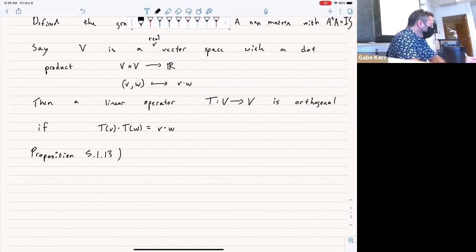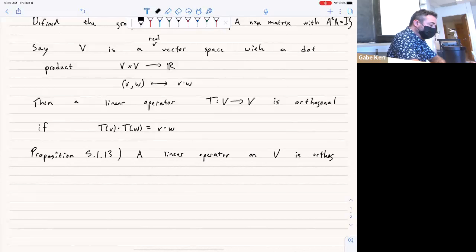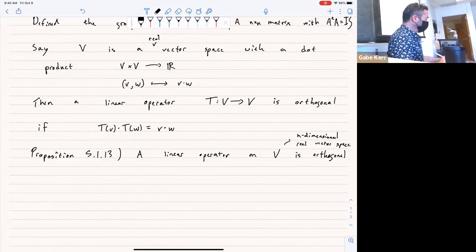This says that a linear operator on V, which should be an n-dimensional real vector space, is orthogonal if and only if, for every vector x, T of x dot T of x equals x dot x. The n is just there to say that it's finite dimensional. I don't really care about n.